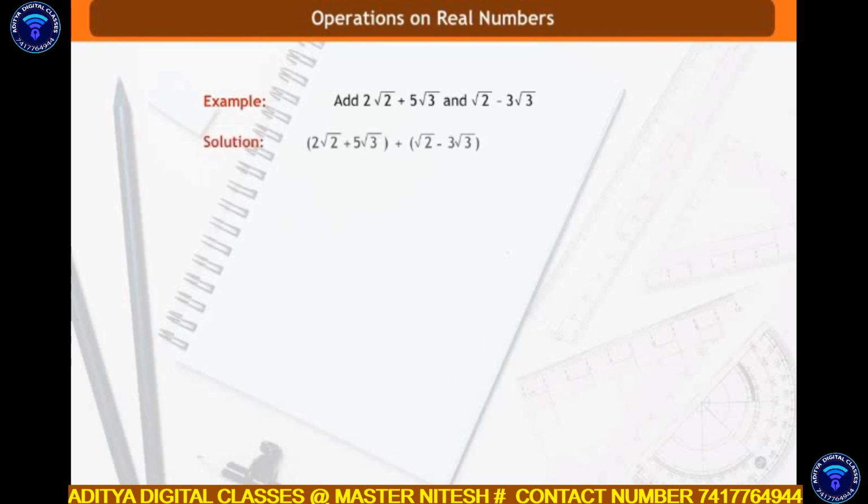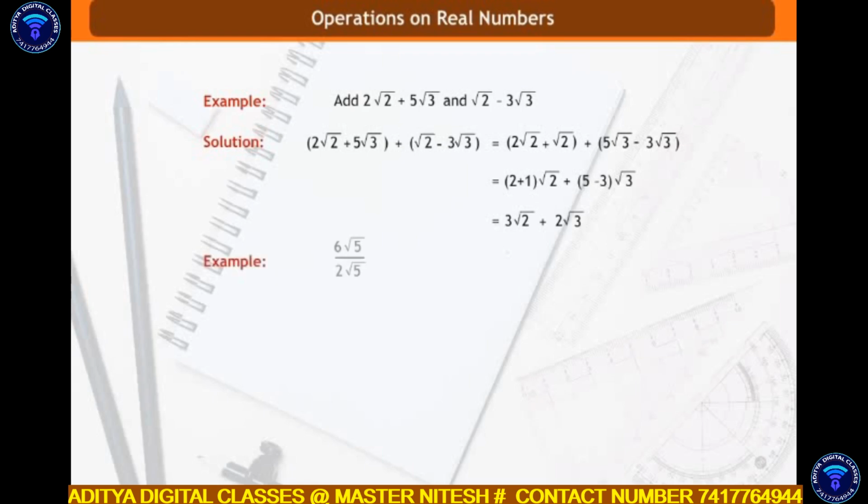Solution. 2 root 2 plus 5 root 3 plus root 2 minus 3 root 3 is equal to 2 root 2 plus root 2 plus 5 root 3 minus 3 root 3, which is equal to (2 plus 1) into root 2 plus (5 minus 3) into root 3, which is equal to 3 root 2 plus 2 root 3.